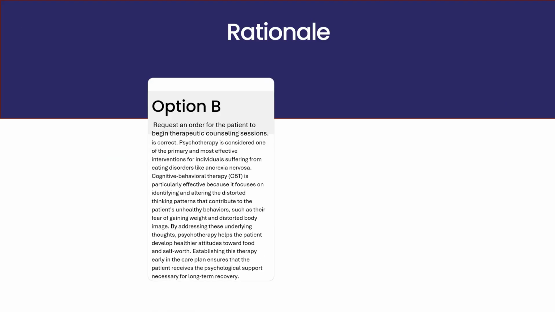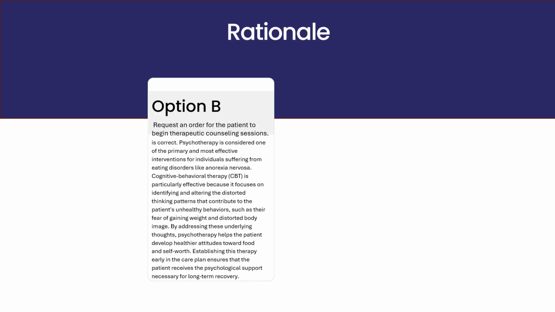B is correct. Psychotherapy is considered one of the primary and most effective interventions for individuals suffering from eating disorders like anorexia nervosa. Cognitive behavioral therapy, CBT, is particularly effective because it focuses on identifying and altering the distorted thinking patterns that contribute to the patient's unhealthy behaviors, such as their fear of gaining weight and distorted body image.